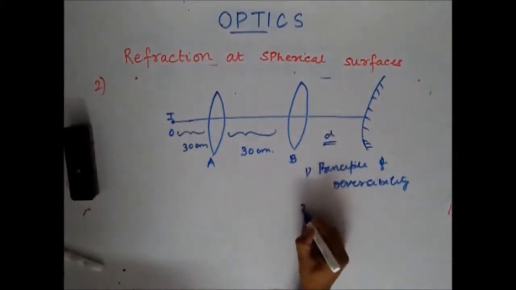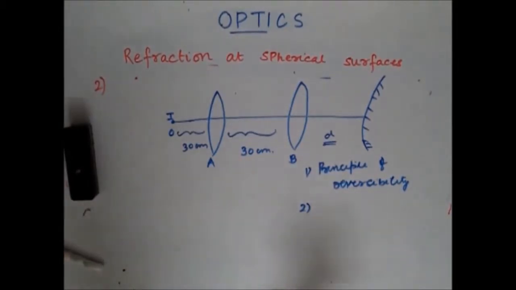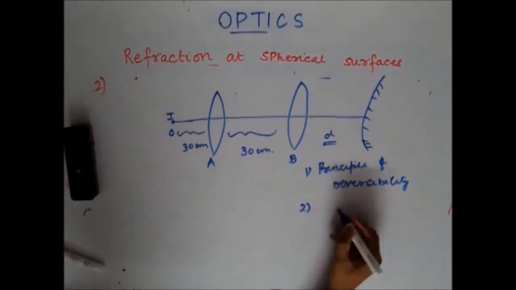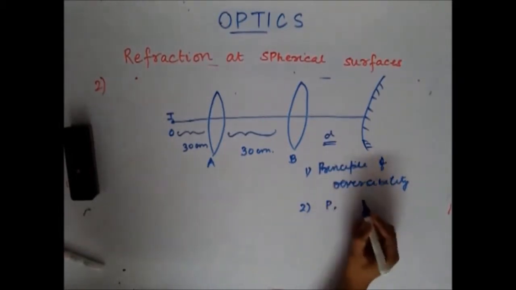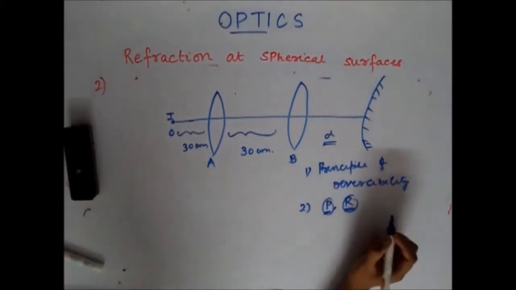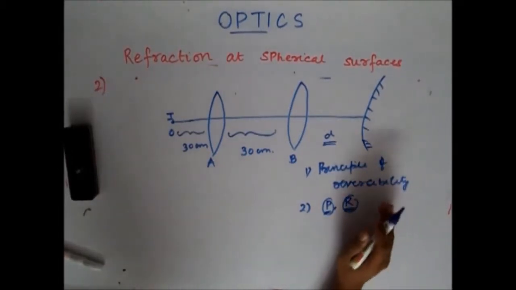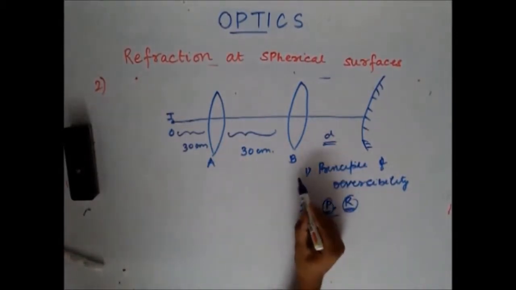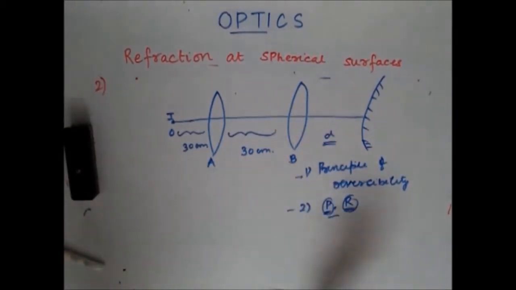And the second hint is that there is no shift in the position of the image when the object is placed at pole and if the object is placed at the radius of curvature. When the object is placed in these two positions, then there is no shift in the position of the image and the image is formed at the same position as the object. Okay, try thinking in terms of these 2 points. These are the hints.